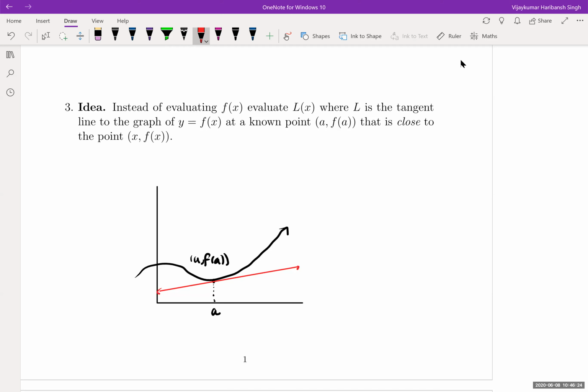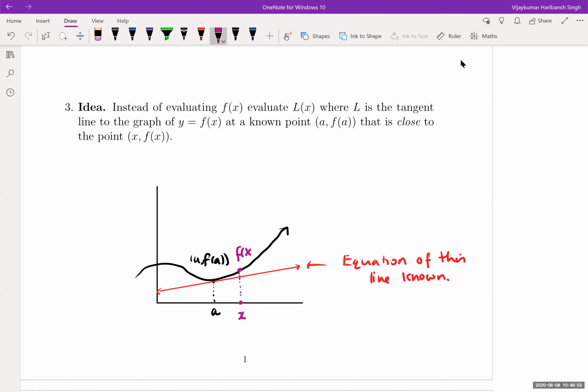And what do you want to do? So the equation of this line is known. And what you want to do is find out nearby, if this is x, you want to find f of x.